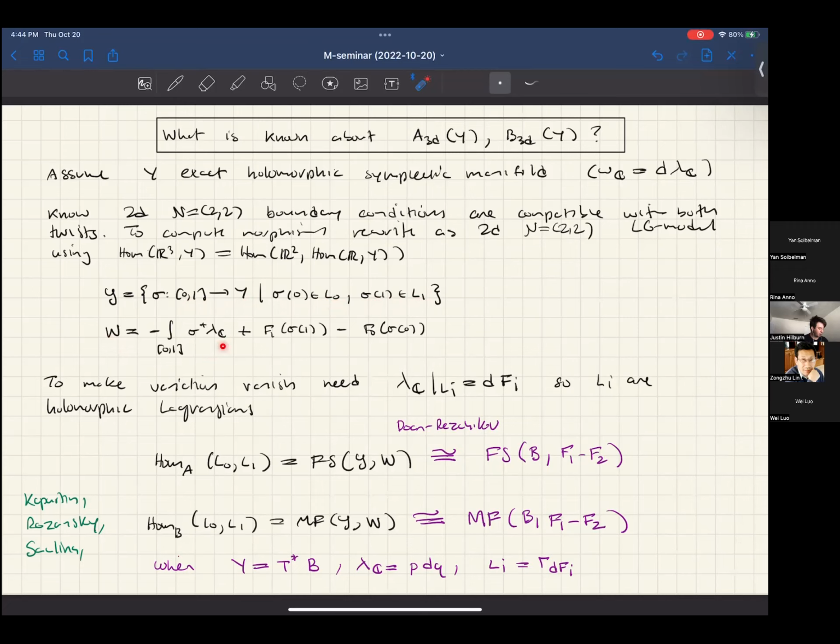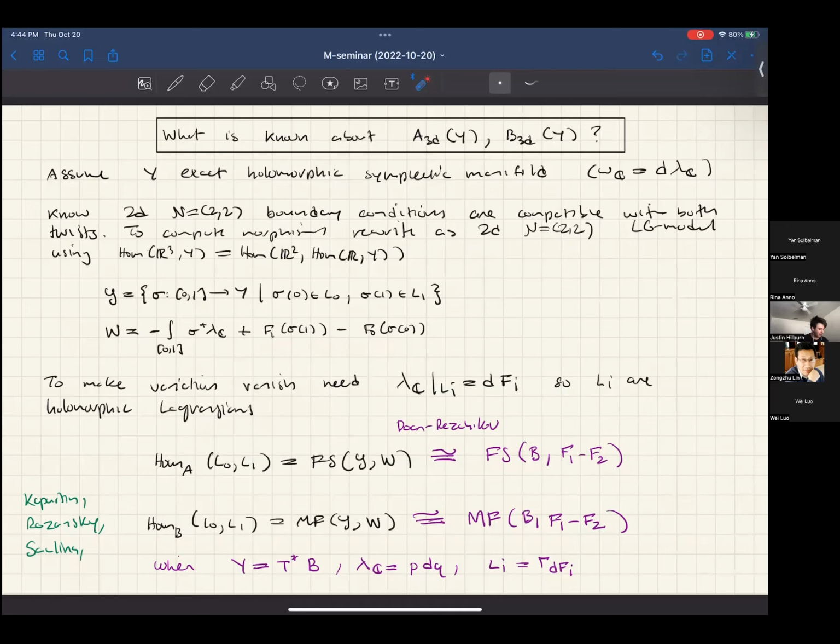So you can pull back your complex Liouville 1-form along your map, and then integrate over the interval. And then you'll need to add some extra terms at the boundary in order to cancel some boundary terms when you do integration by parts.